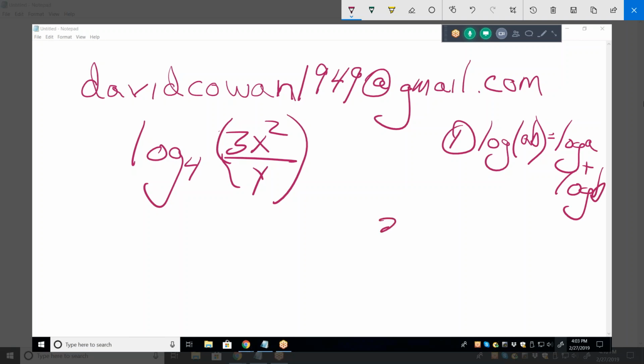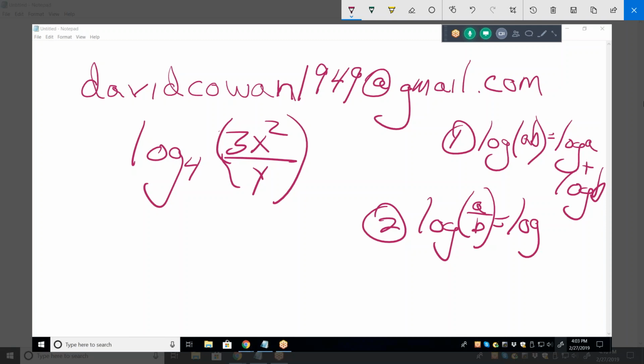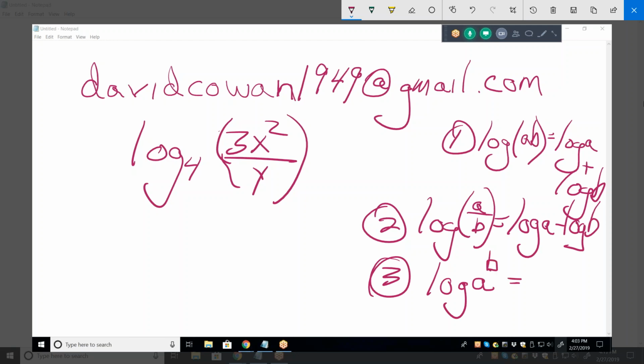Number 2, log of a divided by b is equal to what? Log a minus log b. And the third one, which may be the most important one, certainly for calculus it's the most important one, is that equal to? Log a times b. Yeah, and we generally put the b in front.